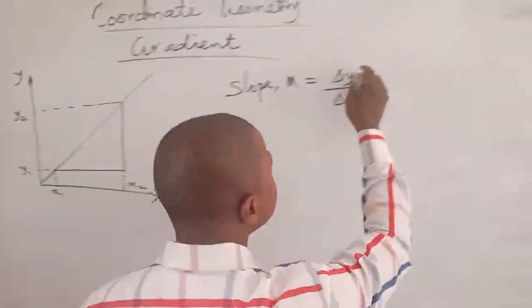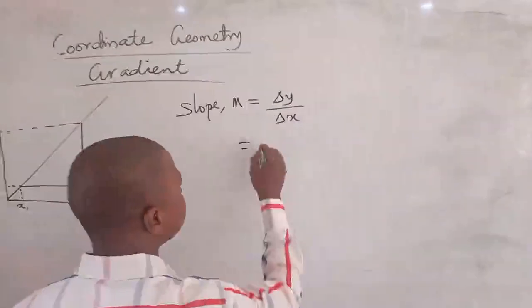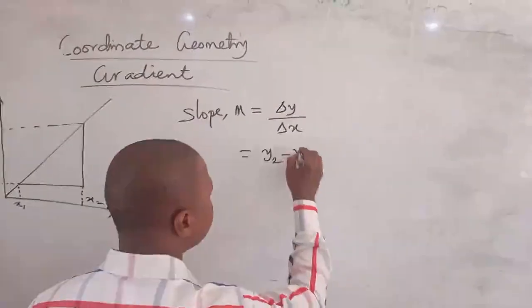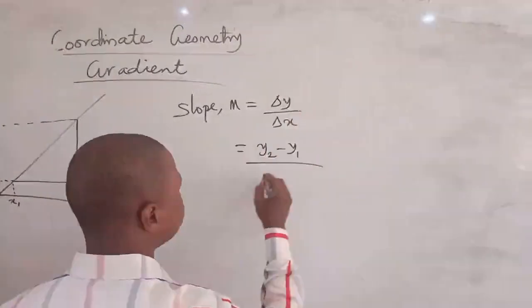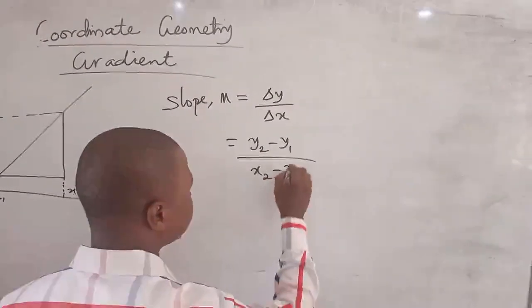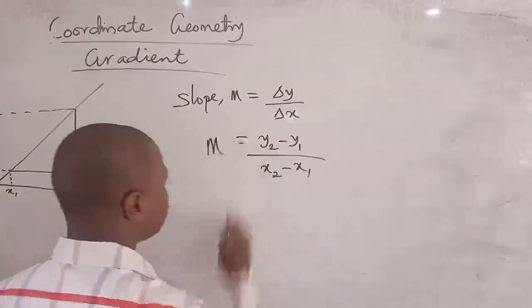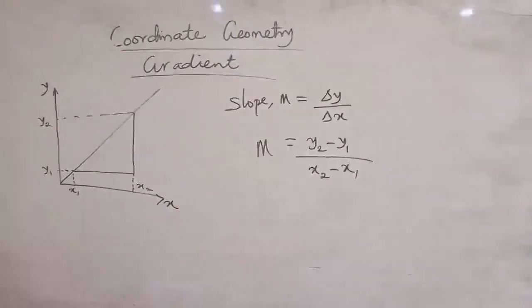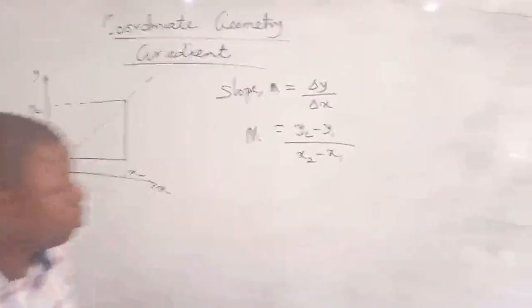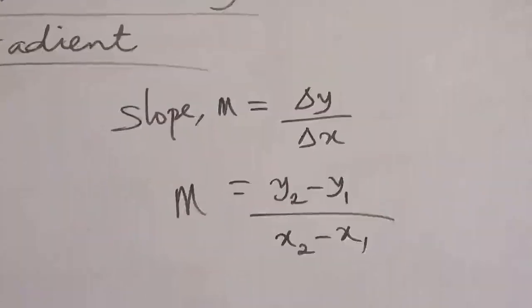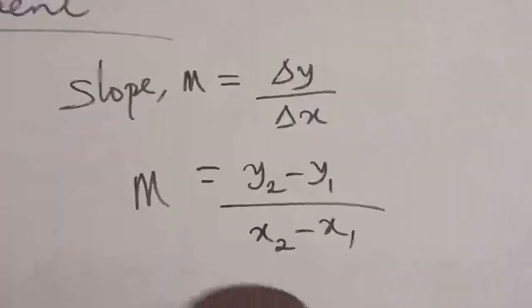Then the increase on the y-axis will be y2 minus y1, and the increase on the x-axis will be x2 minus x1. So the formula for slope is y2 minus y1 over x2 minus x1.